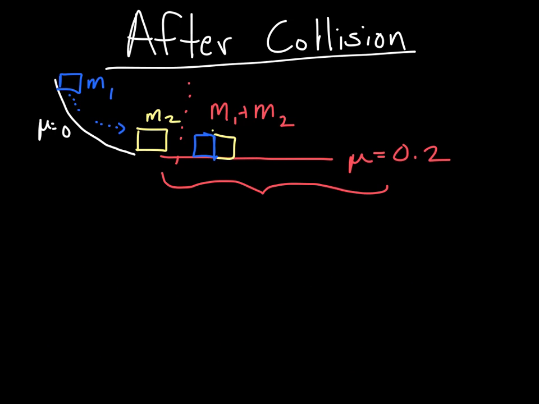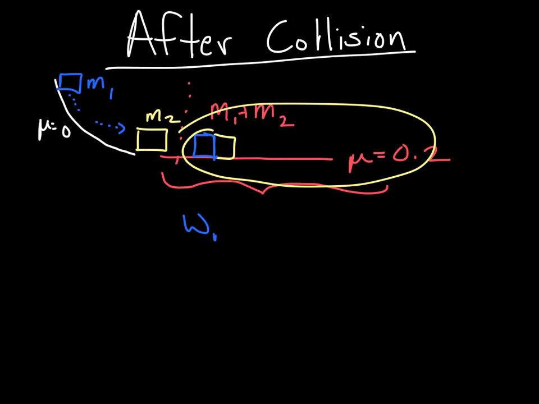And now we care about this part. So let's take a look. What force is slowing this down? This is back to conservation of energy, where your work external equals your change in energy. Now your final energy is 0, no kinetic, no potential because it's stopped.